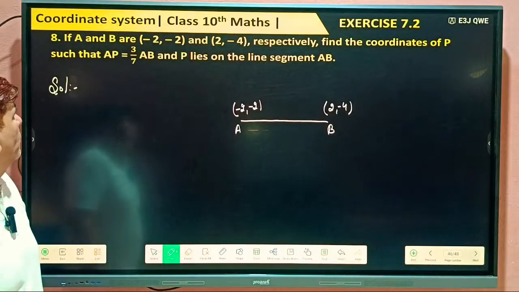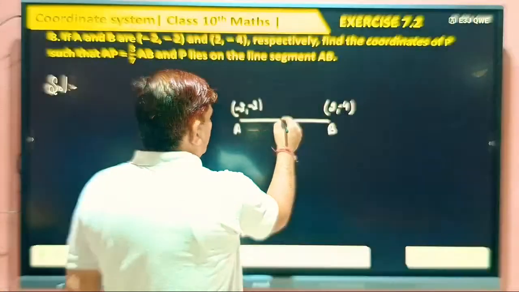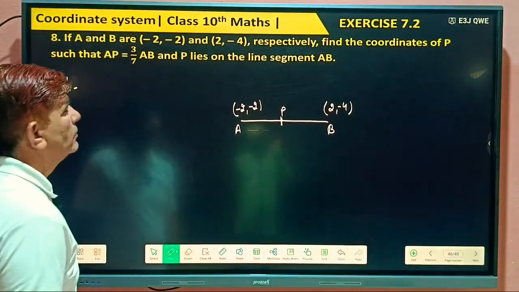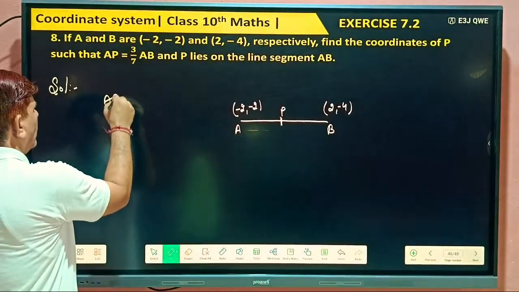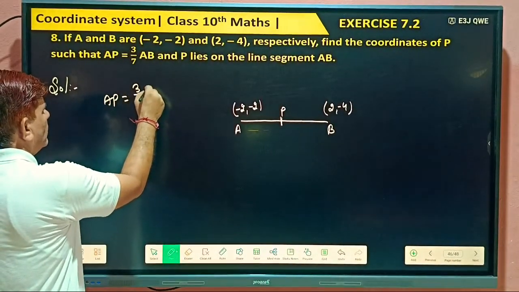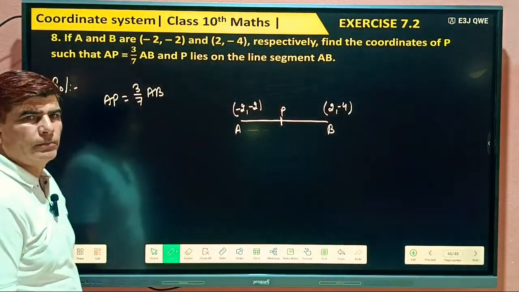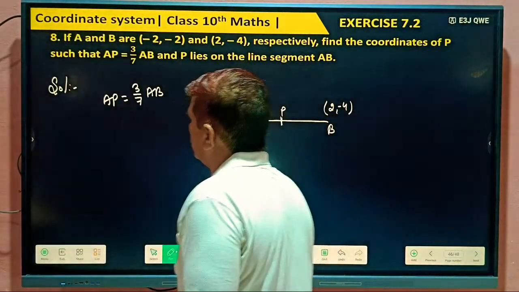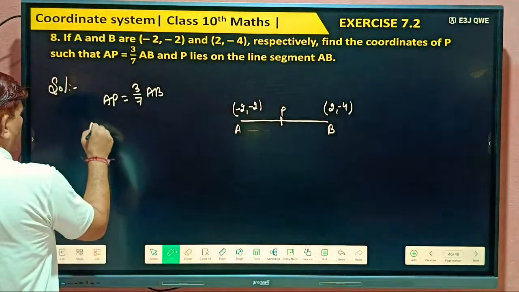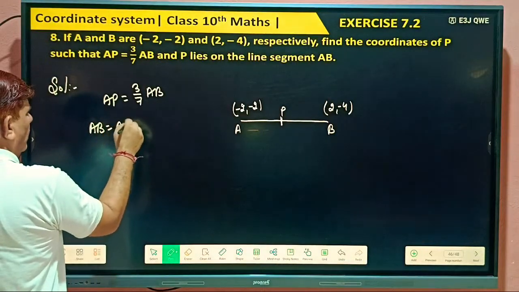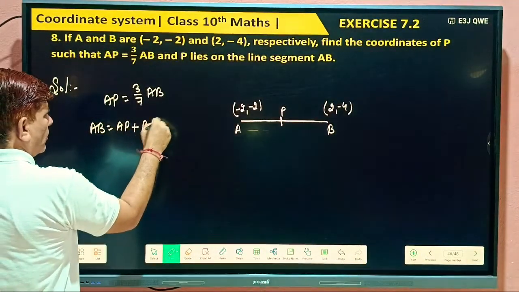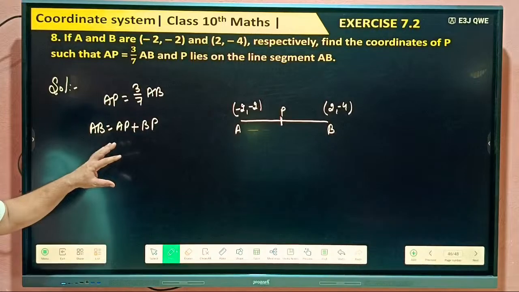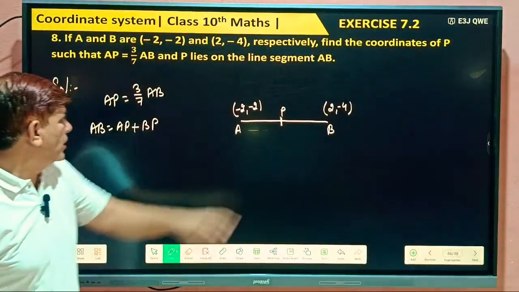Find the coordinates of point P such that AP equals 3 by 7 of AB. So what can we find out? AB equals AP plus PB.